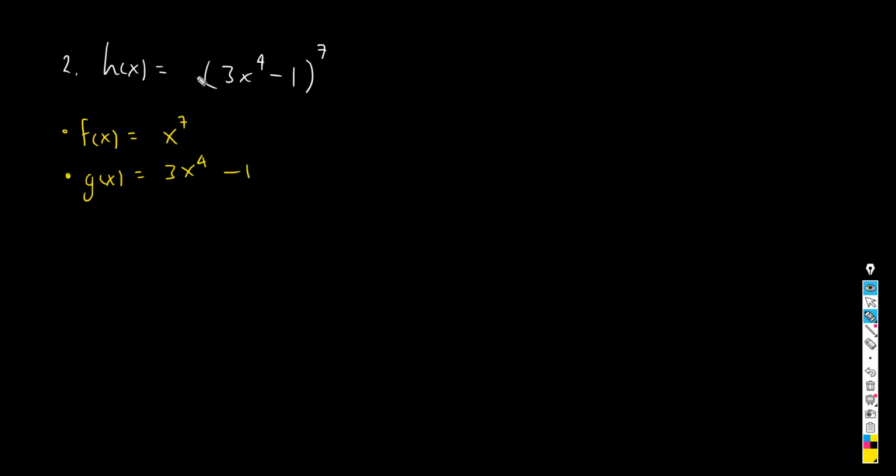Then I can write h as a composition of f and g in the following way. h of x is equal to f evaluated in g of x. Why do I say that h can be written in this way? Well, let's analyze over here. We have f evaluated in g of x.